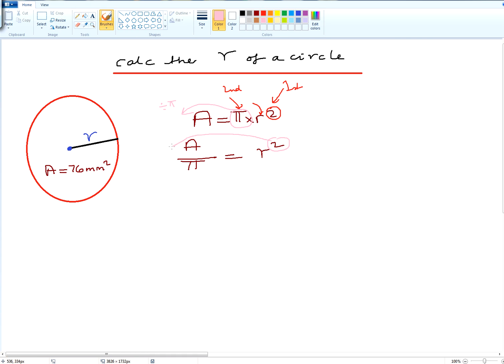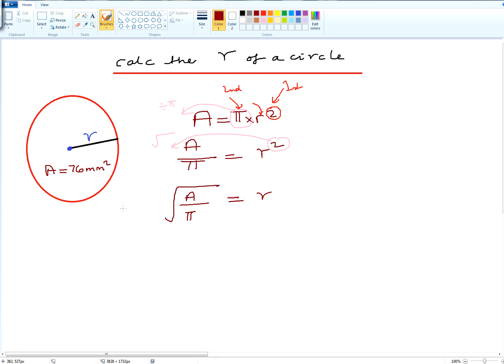Opposite of squaring is what, Khadija? Square root. Well done, thank you, Khadija. That's a beautiful answer. I couldn't have answered it better myself. So the radius is equal to the area divided by pi and all of it square rooted.